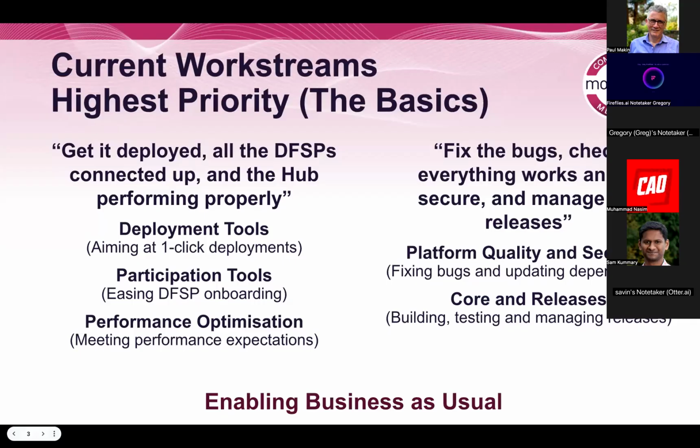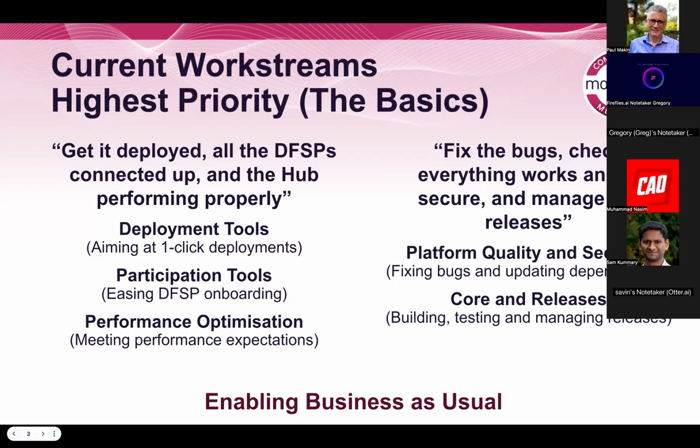These are the work streams that are really the bread and butter of the Mojaloop community. I've split them into two. The stuff that's about just getting Mojaloop deployed and all the DFSPs connected and the hub performing properly. There are 3 work streams: deployment tools, participation tools, and performance optimization.